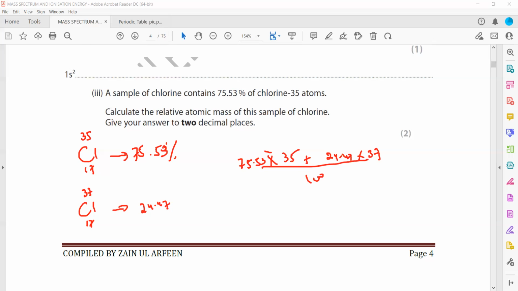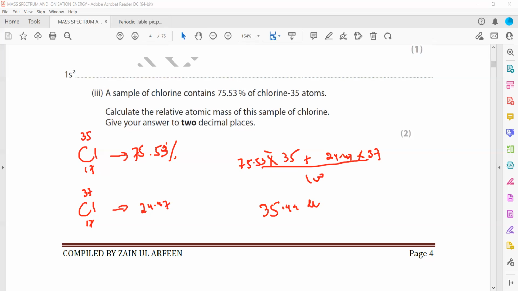If a ratio or fraction was given, then it would be divided by the sum of the fractions. But here the percentage is given, that's why we divide by 100. When we solve, it gives us 35.49 atomic mass units, or you can say u or amu.